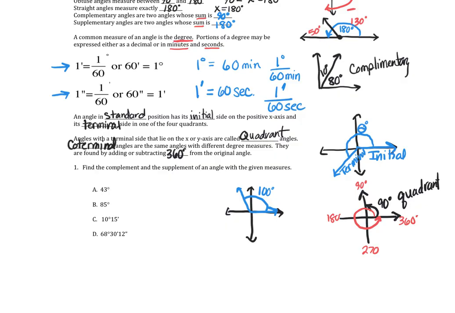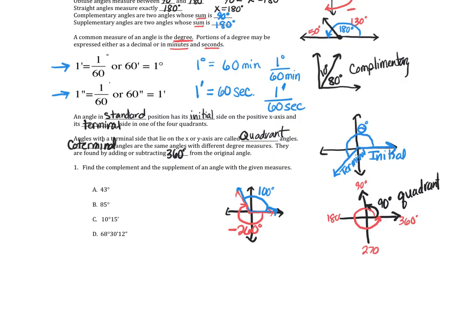Then we could have another angle that goes in the negative direction. So starting at the initial side, rotate clockwise around to the same terminal side here, and that angle would be equivalent to negative 260 degrees. So there's two different angles there, but they are starting and stopping at the same place.